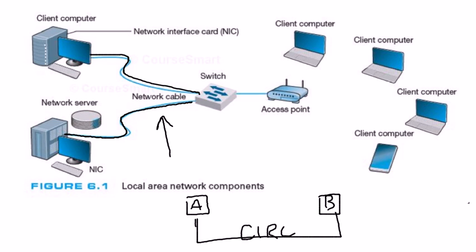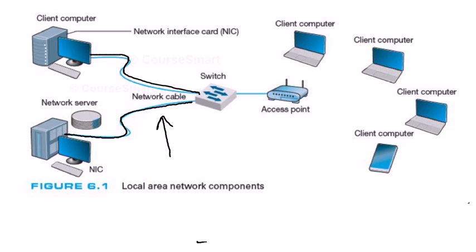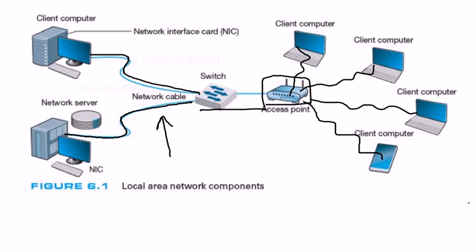In this drawing up above, the circuit is the network cable on the left-hand side, and on the right-hand side it is the radio waves that allow the information to move from these wireless devices to the access point through the switch and then on over to the network server to access information across the network.